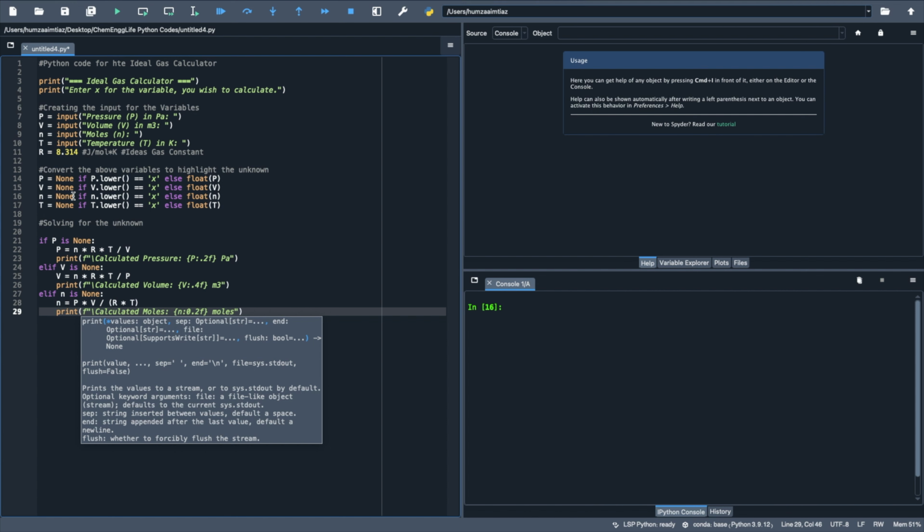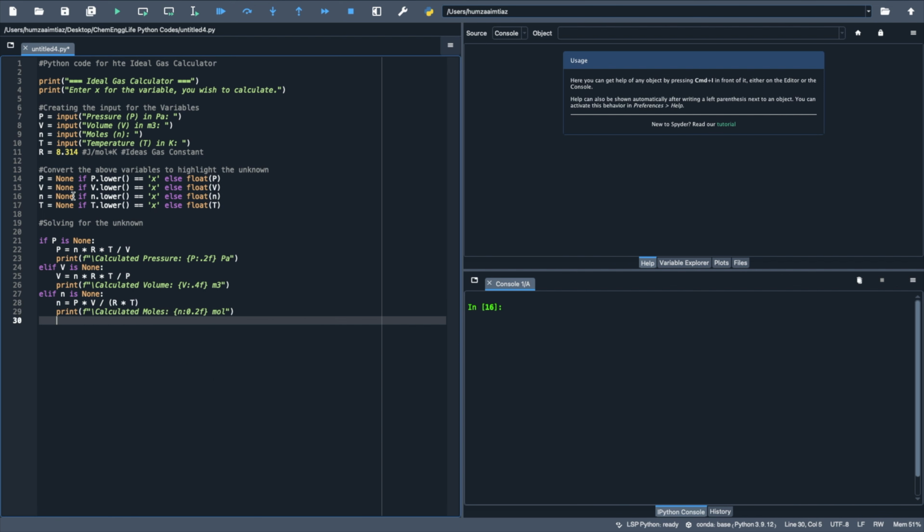There we go. And then the very last one, that is our T. If T is to be calculated, then T is equal to P times V divided by the product of n and R.